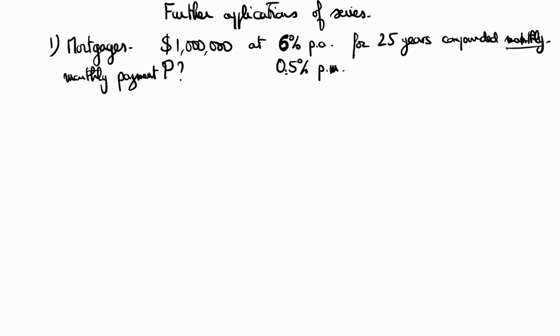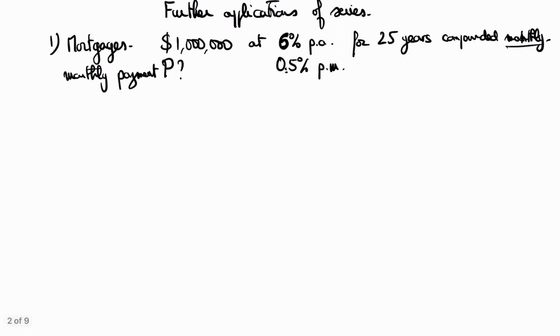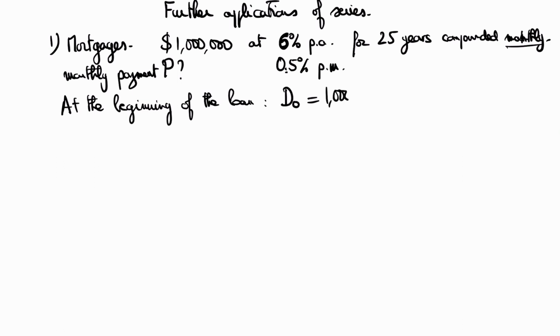Right. So what's the situation? So at the beginning of the loan, that's the loan that the bank gives me, basically. My debt, which I'm going to call D0, is equal to $1 million.